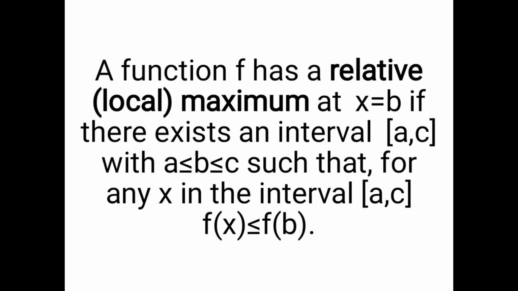Now let's reflect this class with the previous video by looking at the relative local maximum of a function. A function f has a relative or local maximum at x equals b if there exists a closed interval containing a and c, such that for any x in the interval we have that f of x is less than or equal to f of b.